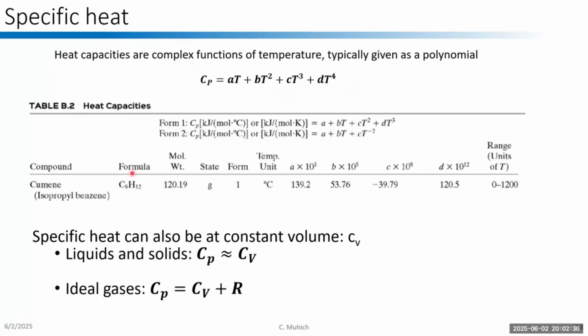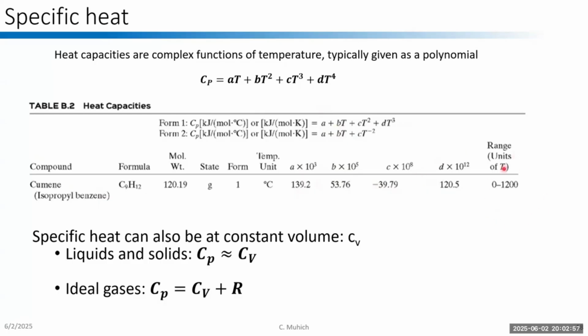And I can look up in tables, just like I could look up enthalpies or entropies. I could look up the heat capacity in a table, and they'll tell you what the form of the polynomial is, and then what the coefficients are.